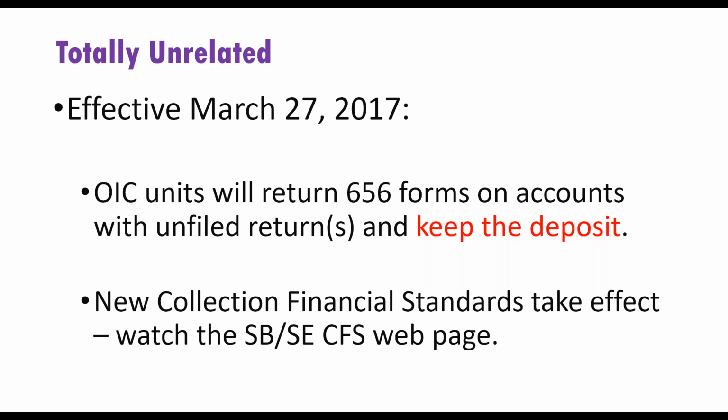Also, the new collection financial standards took effect. Do a Google search for IRS collection financial standards and that'll take you straight to the page. Across the board, most numbers for allowable living expenses went down this year, depending on category, by 5 to 15%.